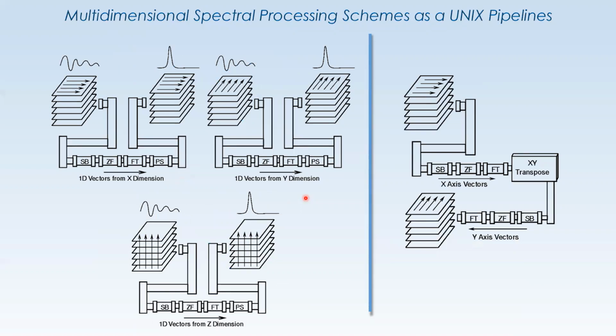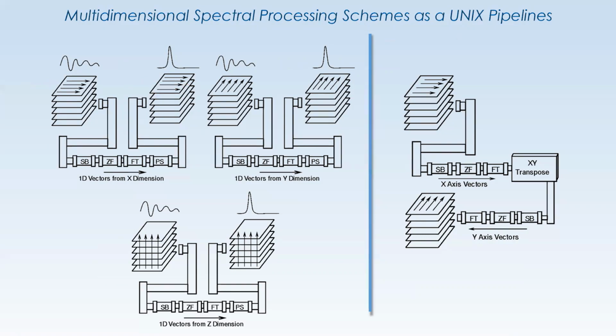For example, we can achieve three-dimensional processing by a sequence of three different pipelines. One pipeline, which reads all the vectors from one dimension of a time domain input and sends those down a pipeline to be processed, gathers up the processed results, and writes them out to an intermediate result.